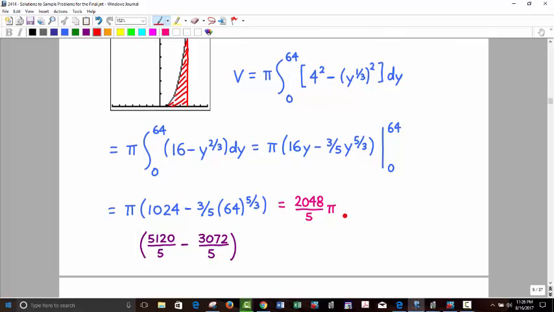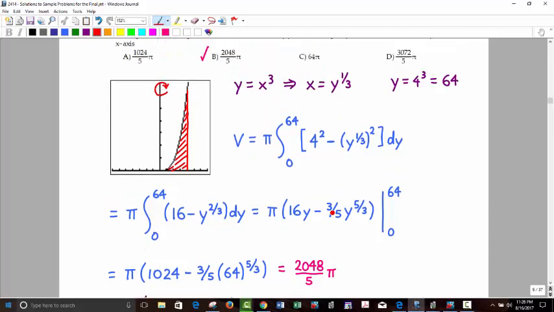Put in 64, put in 0, and here I'm kind of showing you what the individual fractions are, but you will get 2048 over 5 times pi, which is answer B.